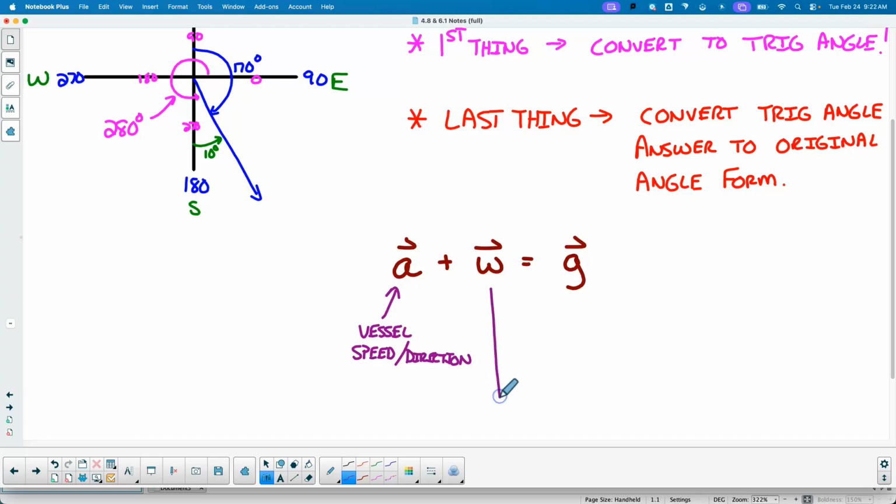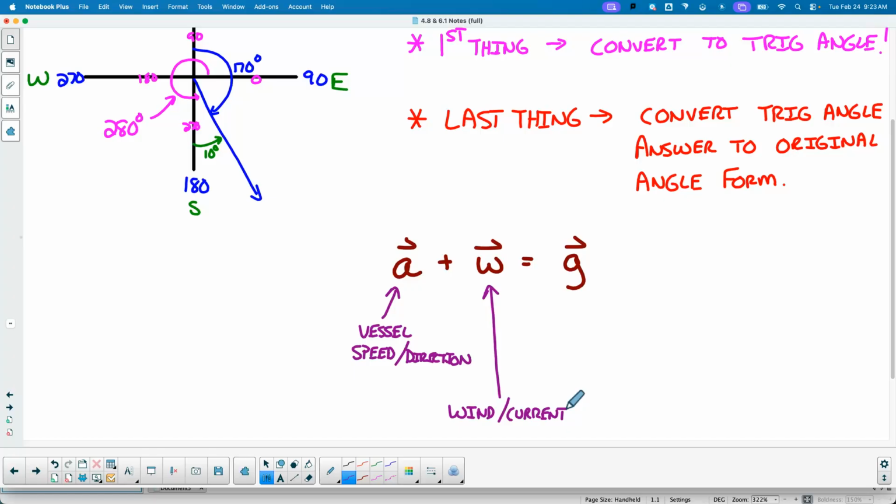W is going to be your wind or your current, speed and direction. You've got to get a vector for your plane and a vector for your wind and your current.